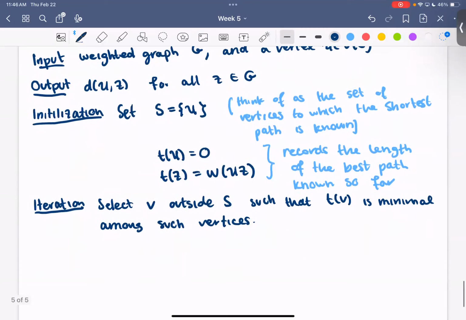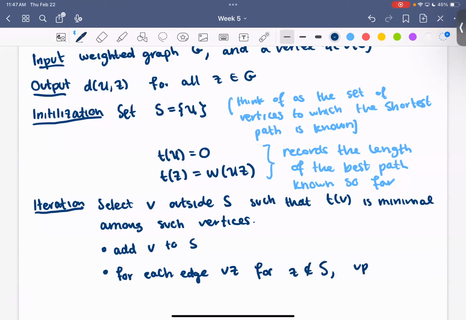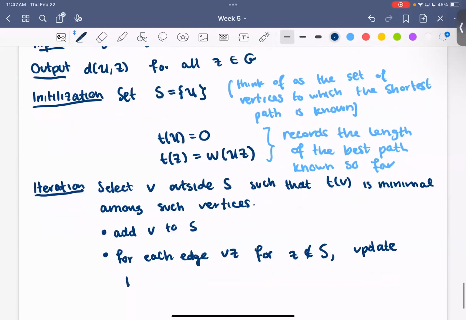And then I'm going to add V to S. And then I'm also going to update this number T of Z. So for each edge VZ for Z not an element of S, I'm going to update T of Z to the minimum of the former known best value and T of V plus the weight of V to Z.